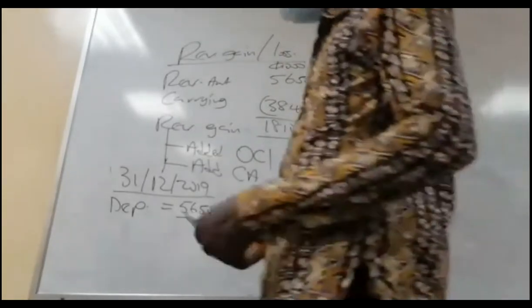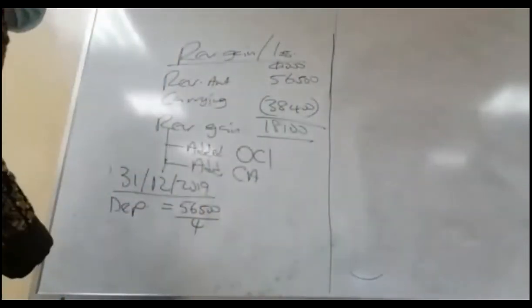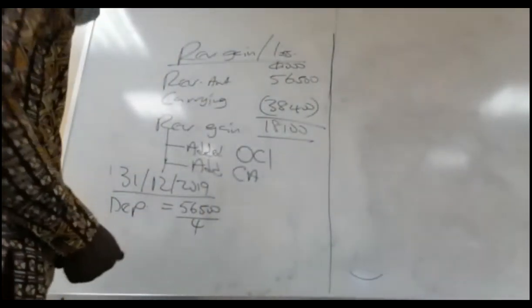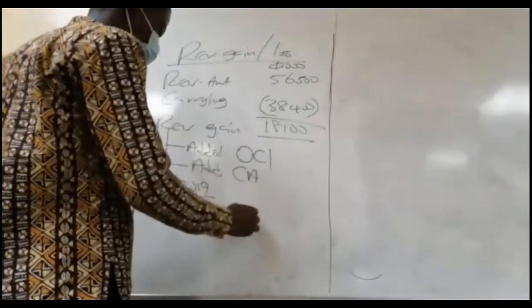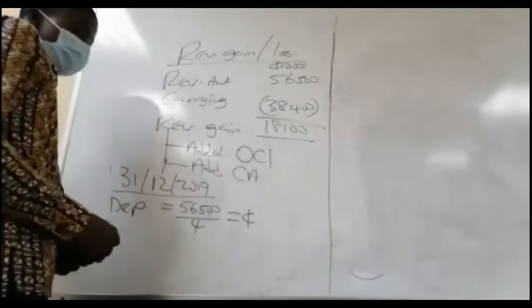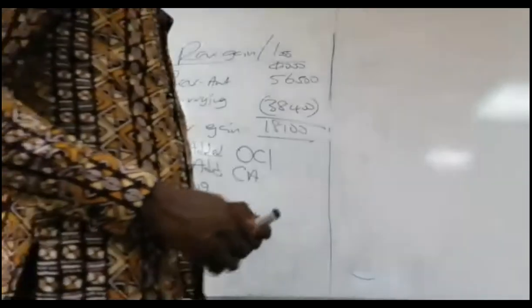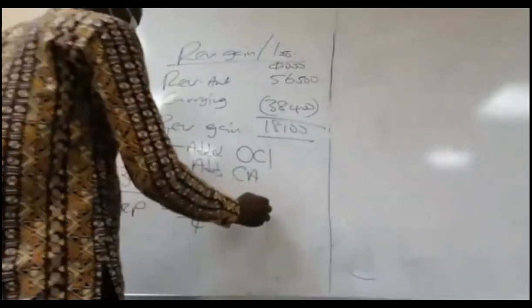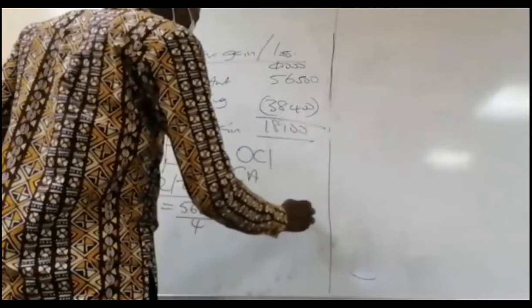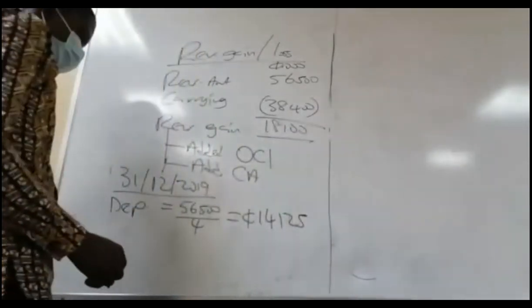Given us a value of 56,500, divided by 4 will give us something like 14,125 as a depreciation.